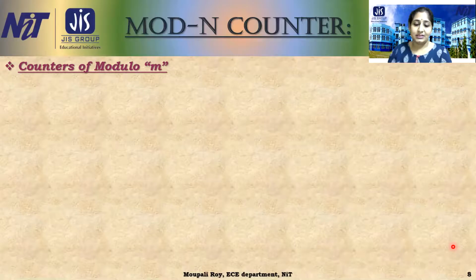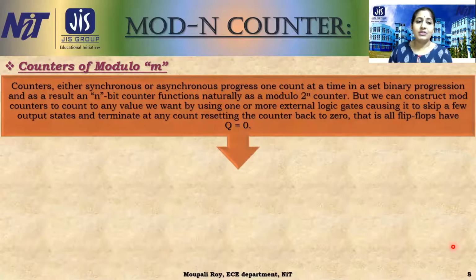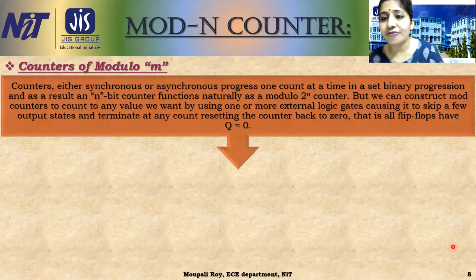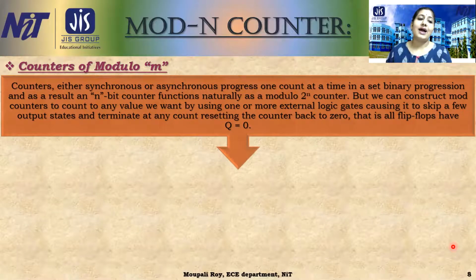What is that? The counters, either synchronous or asynchronous, process one count at a time in a set of binary processing, and as a result n-bit counters function naturally as a modulo 2 to the power n count.